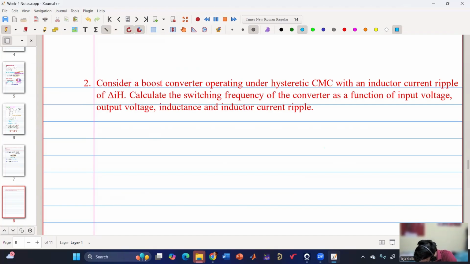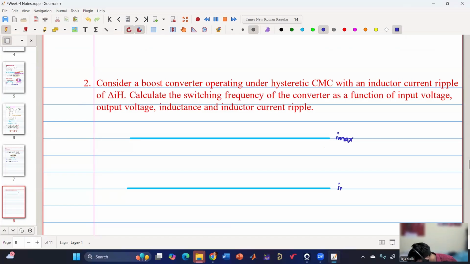We have upper limit and then we have lower limit. I am calling this I max and this I minimum. The difference between them is called delta IH, which is given.